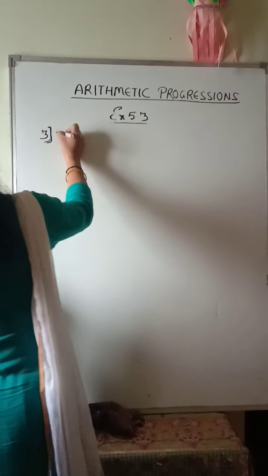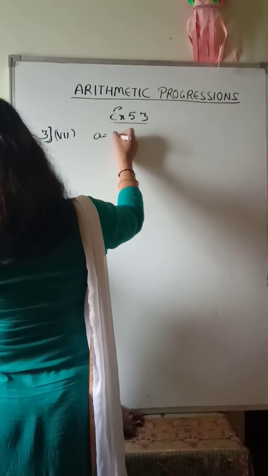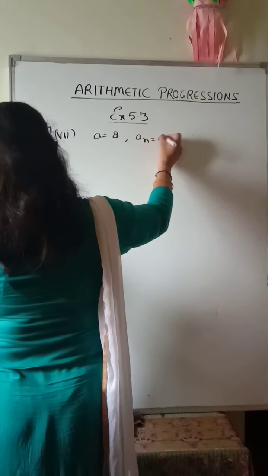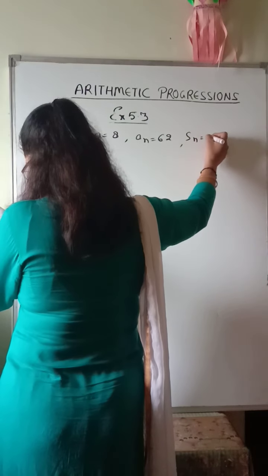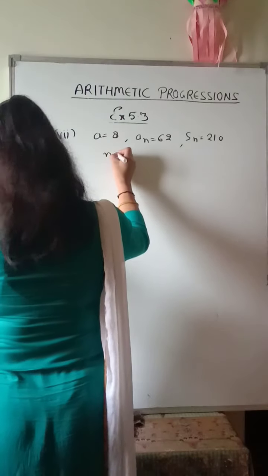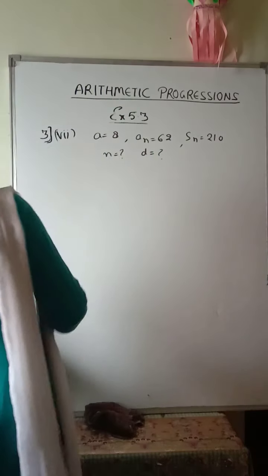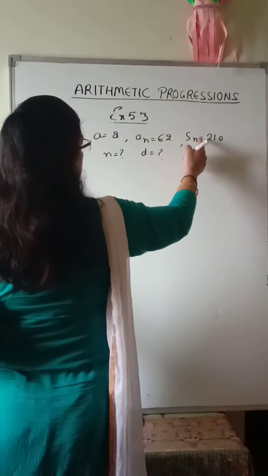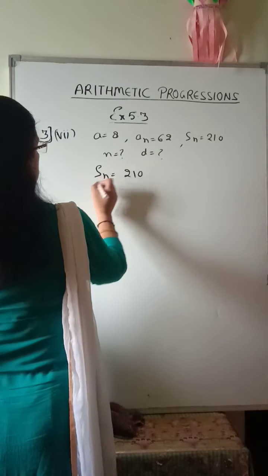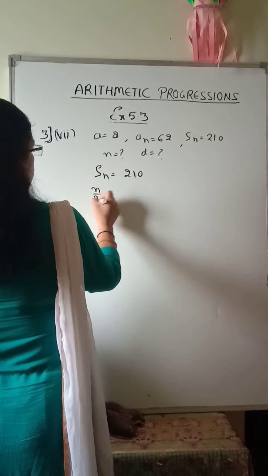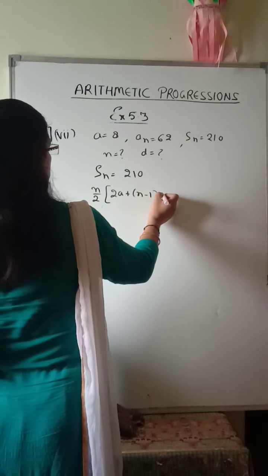7th part. a equals 8, a nth term equals 62, the last term is given to you. Sn equals 210. You have to find the value of n and d. This will take Sn equals 210. That means n by 2 into 2a plus n minus 1 into d.